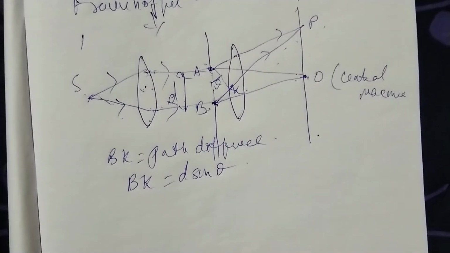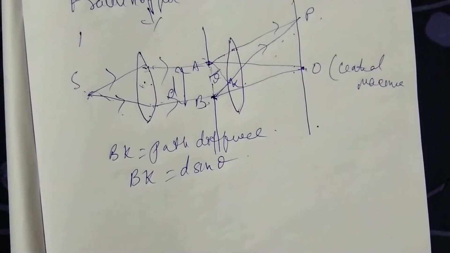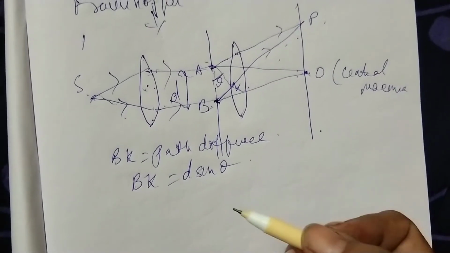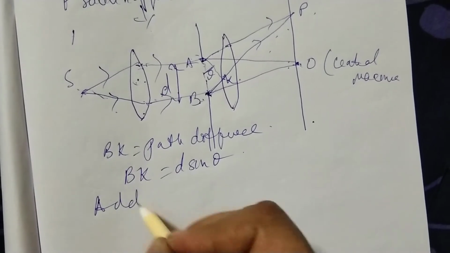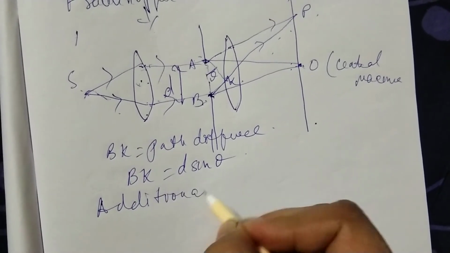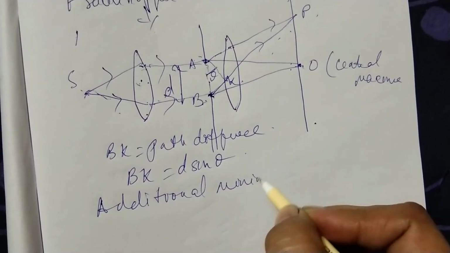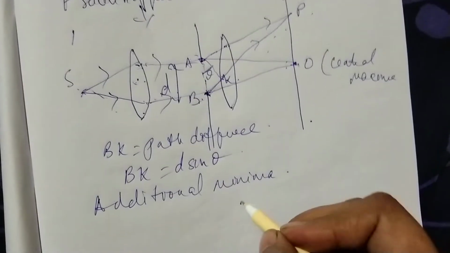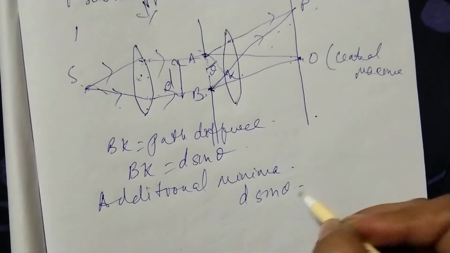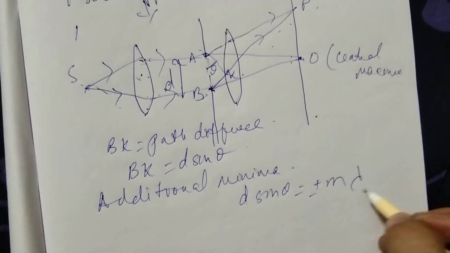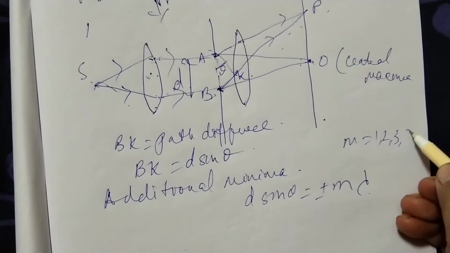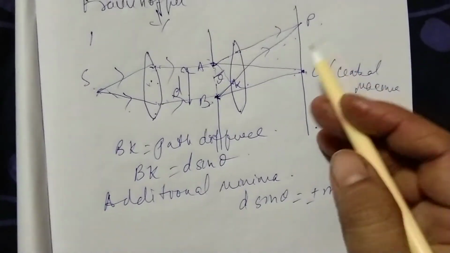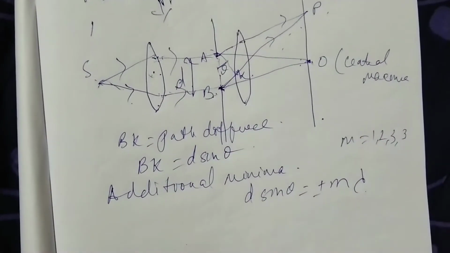Now we all know that the center is bright. The next dark will be the condition for the subsidiary minima, which is d sin theta is equal to plus minus m lambda. M can be 1, 2, 3. It cannot be 0, because then it is the position O we are referring to.